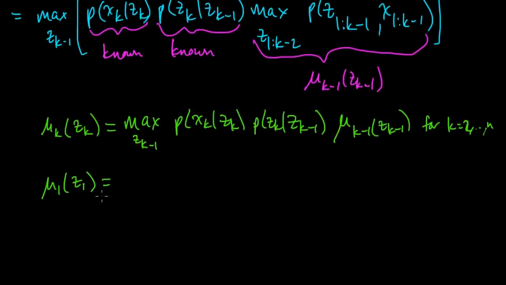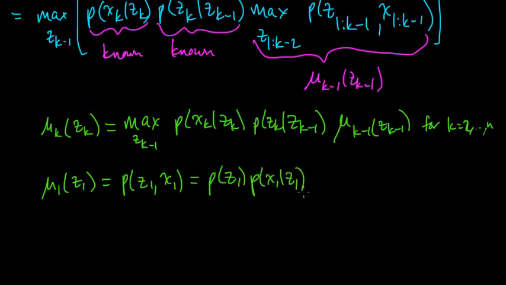So mu_1(z_1) is just the probability of z_1 and x_1, which we can factorize as the probability of z_1 times the probability of x_1 given z_1. And this is known. This is just the initial distribution, and this is just the emission probability.